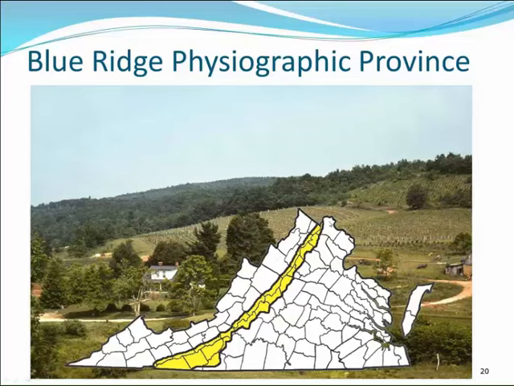In this region, these crystalline rocks contain a higher fertility because they have primary minerals, and so they weather into soils that have a little bit higher fertility than the soils on the ridges of the ridge and valley and the soils of the Appalachian Plateau. The limestone soils in the valleys of the ridge and valley are more fertile than the soils in the Blue Ridge, however, because they did form from limestone.